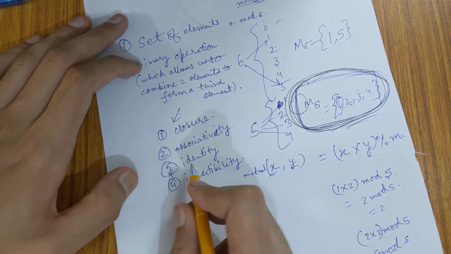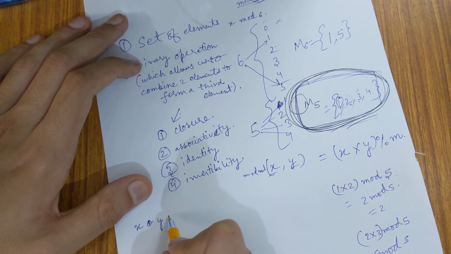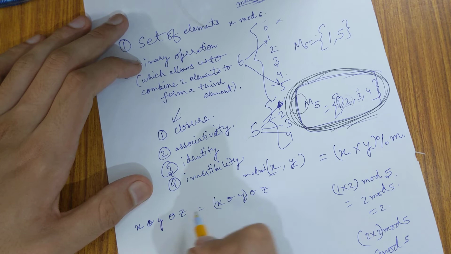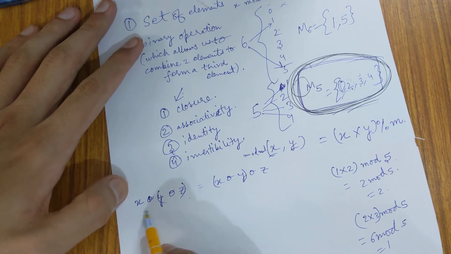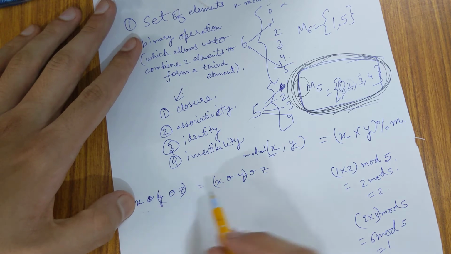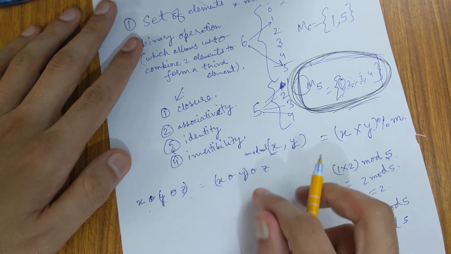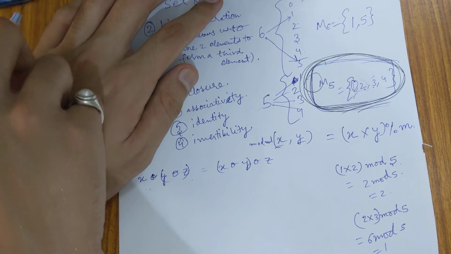Associativity is basically, if you have an operation, let's say O, then X O Y O Z is equal to X O Y O Z done in any order. If you do the YZ operation first and then operate X along with the result, or you do the XY operation first and then combine the result with Z, both should be the same.